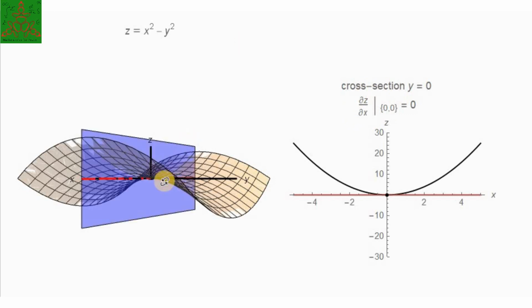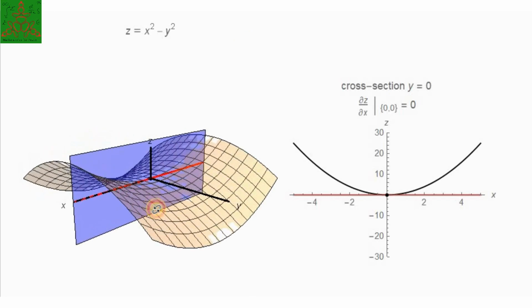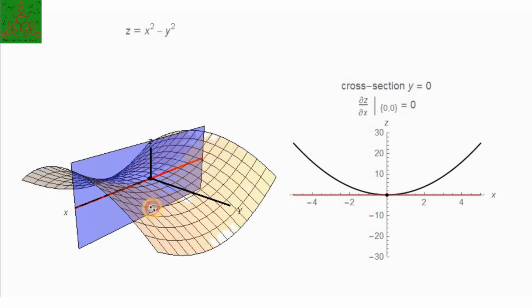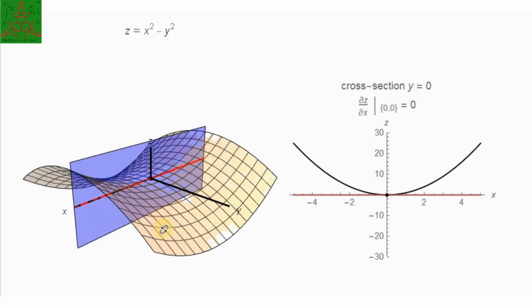If I put the y equal to 0 plane, it will look like this. Now you can see that the intersection of this surface and this plane will be a curve, and that can be represented with this black curve, and this red line is a tangent to that curve, which is the slope of that curve at the point 0, 0, which is represented here.